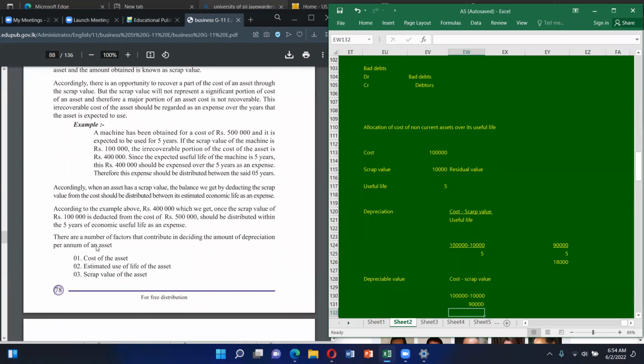So, factors that contribute in deciding the amount of depreciation. What are the three variables?